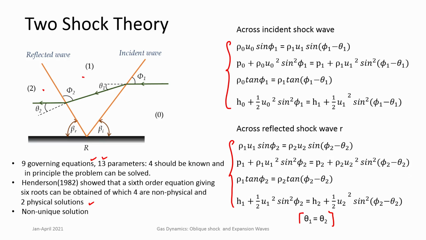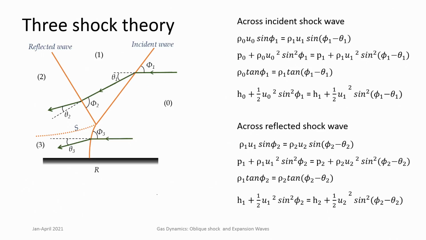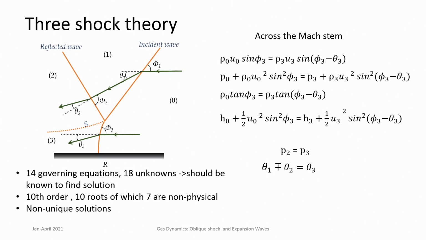We will see a better way to look at this, using the pressure deflection diagrams. For the irregular reflection also you can do the same kind of analysis. Now you have these relations across the incident shock, across the reflected shock, and across the Mach stem.